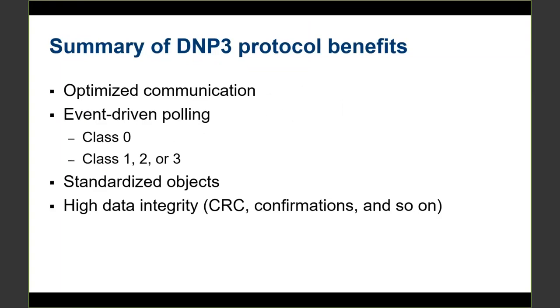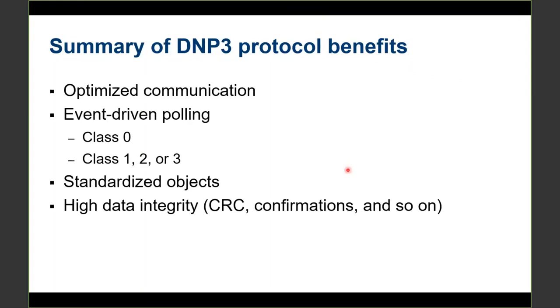So here in this slide, we have a summary of the DNP protocol benefits. This protocol has been used for many years, and it's pretty common in automation systems. The protocol optimizes the communications, and the user can apply it in a low bandwidth channel, like I said before. There are different types of polling. The protocol provides different types of objects, and it can be applied using different types of physical connections.